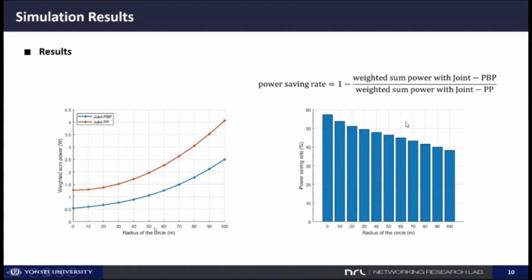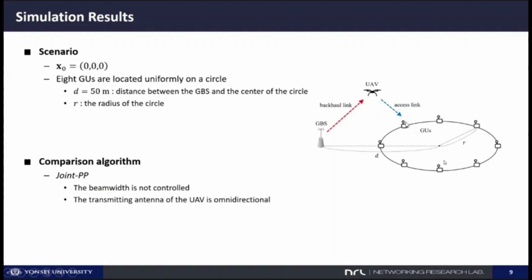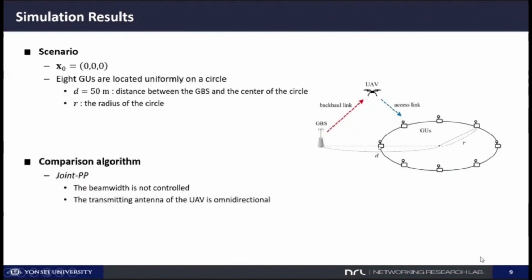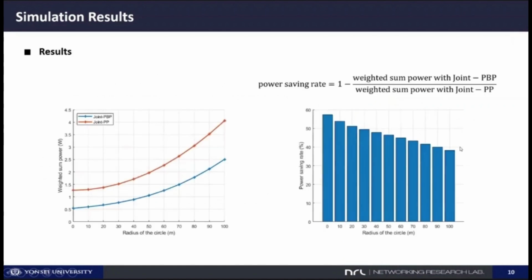And as the radius of the circle increases, which means that the users become sparser, the power increases because the optimal beam width also increases, and the average distance from the UAV to the ground users increases.